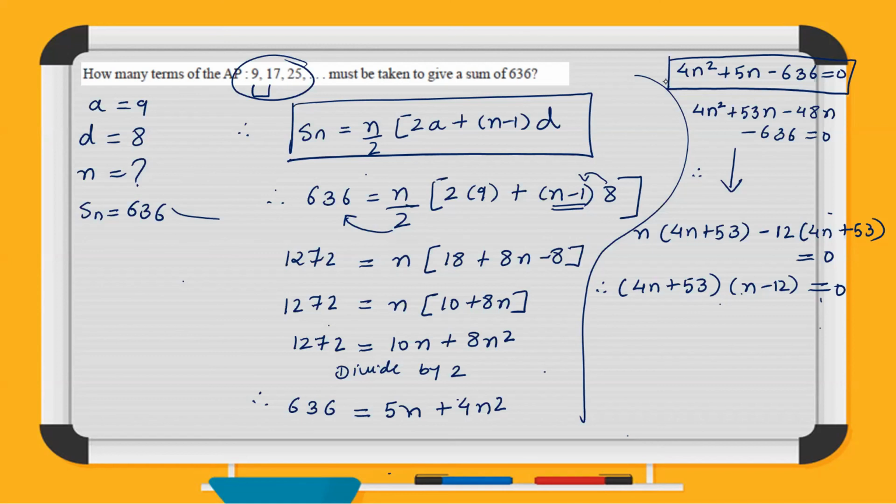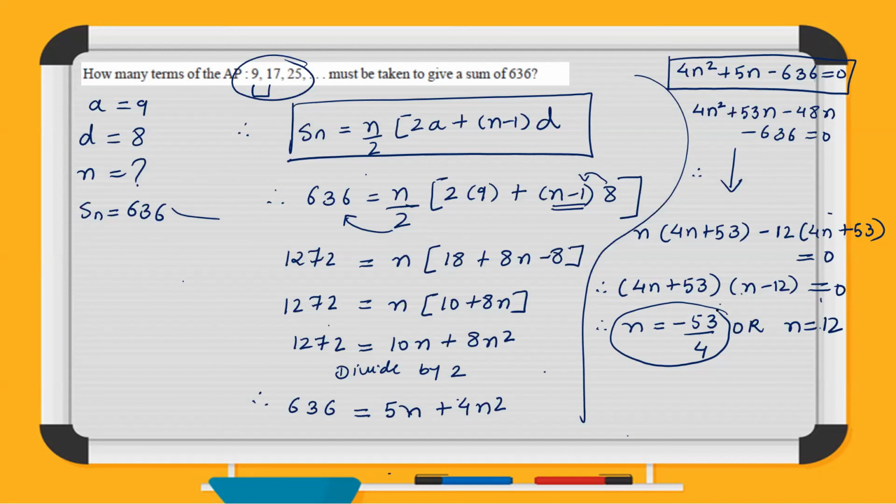So the two factors that we get are 53 and 48. Over here we got these two as factors. Therefore n is equal to either minus 53 upon 4 or n is equal to 12. Obviously, what is n? n is the number of terms and n cannot be a negative number, neither a fraction.